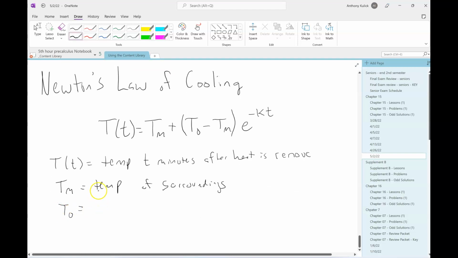T naught is the temperature of the substance after you remove it from the heat. And maybe we'll say when. k is a constant, and that constant is specific to the substance.